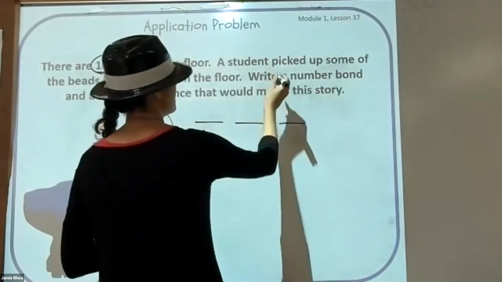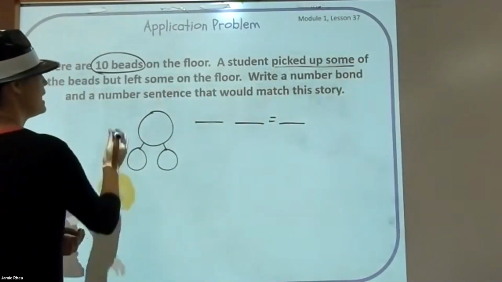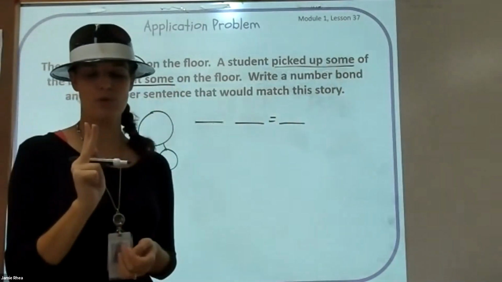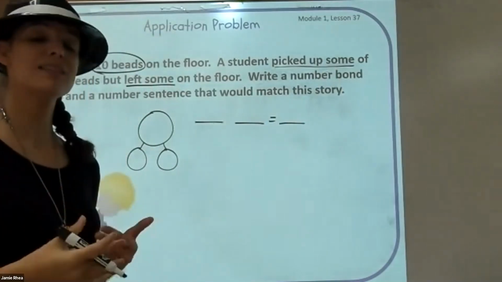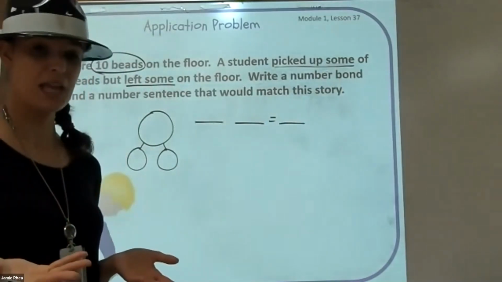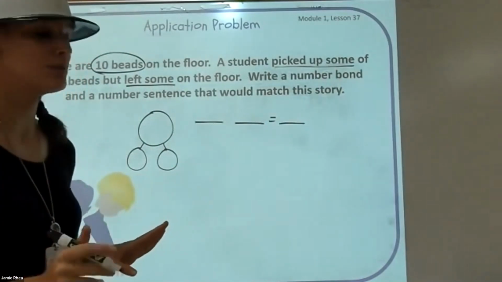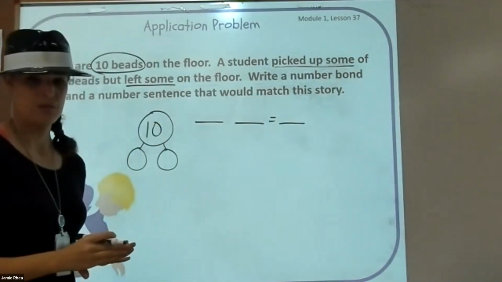Picked up some of the beads, left some on the floor. It's two very important things, okay? But does it tell us how many were picked up and were left? No. Only thing it tells us right now is there are 10 beads total, okay?